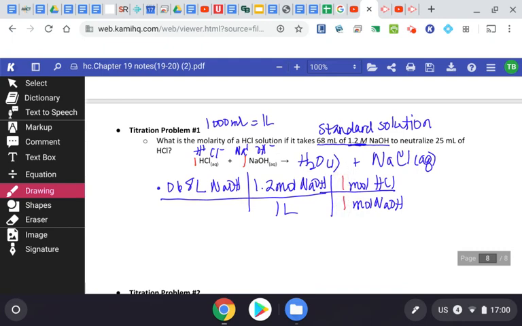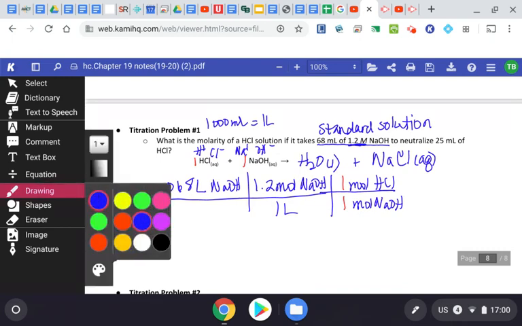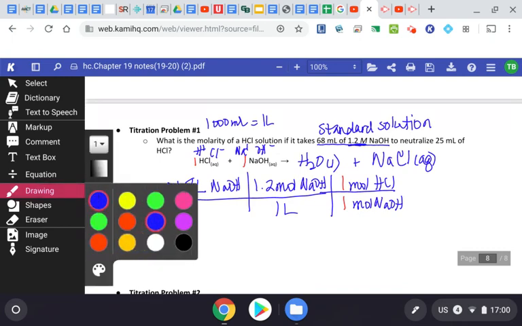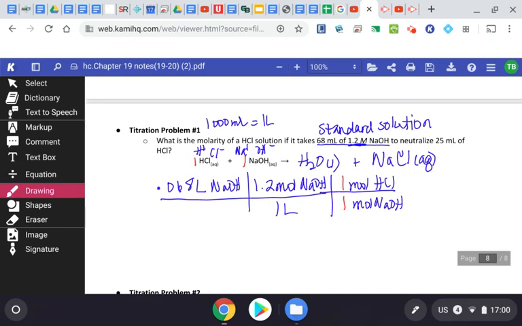So those are both 1. Then we would calculate and round with sig figs. Fewest number of sig figs here is 2, so my answer will have 2 sig figs. And that comes out to be 0.082 moles of hydrochloric acid.